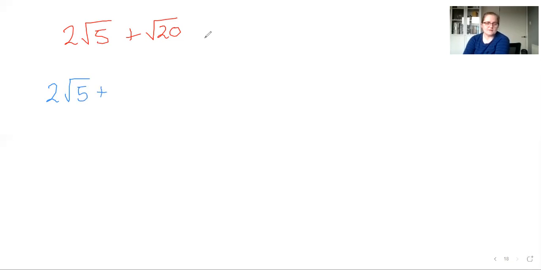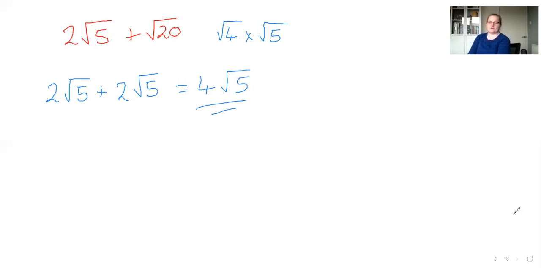Okay, root 20, can we simplify that? Yes, 4 goes into 20, it goes in 5 times. So we've got root 4 multiplied by root 5. That can be simplified down into 2 root 5. So we've got 2 root 5 plus 2 root 5, which will give us 4 root 5 as our final answer.